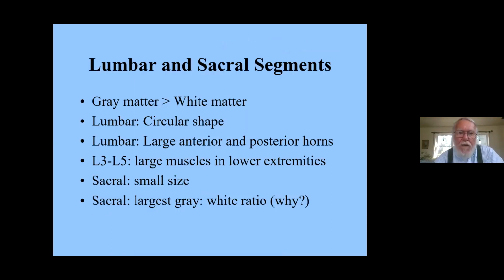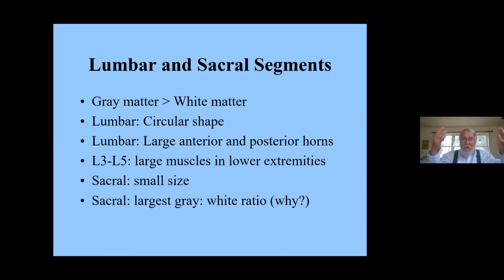So here we go. Now we look at the lumbar and sacral segments, and all of a sudden we flip in that gross way of looking at the spinal cord, in that there is far more gray matter than white matter. Why?